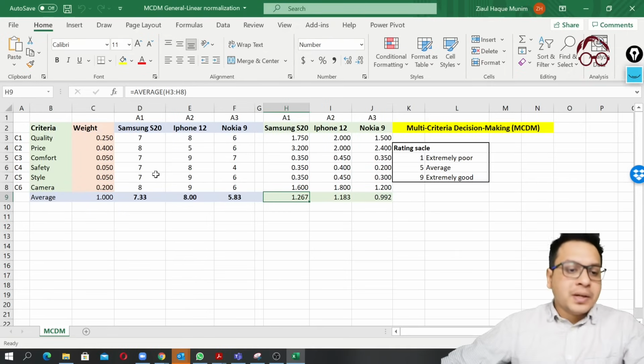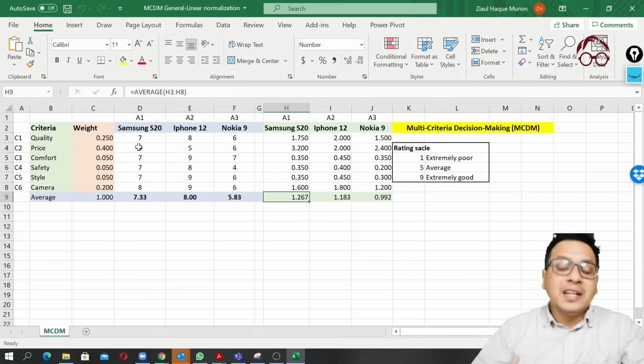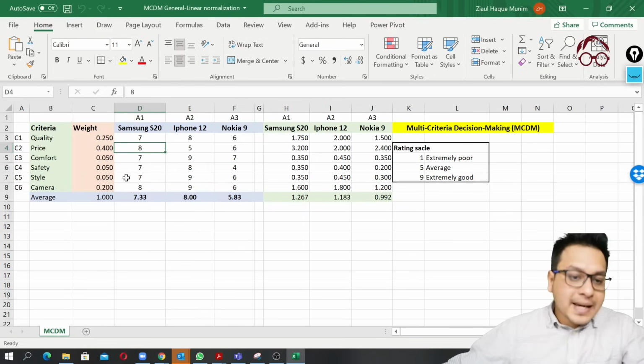But also here we can use data on different scales or units of measurement in a multi-criteria decision-making problem, which is one of the benefits of using multi-criteria decision-making. For example, for price, we can use the real price data.